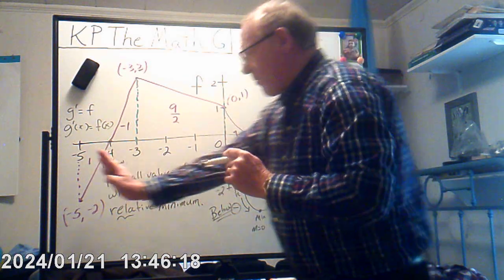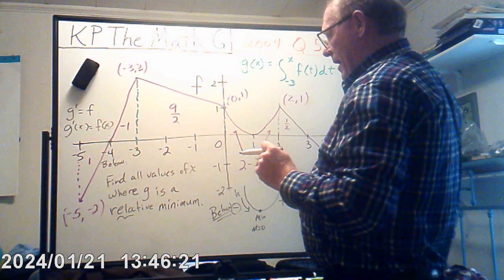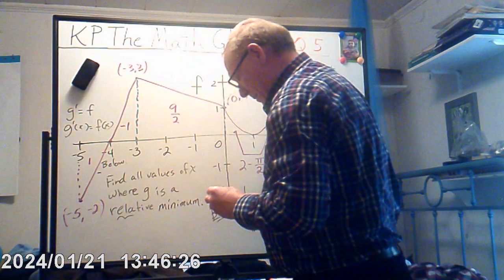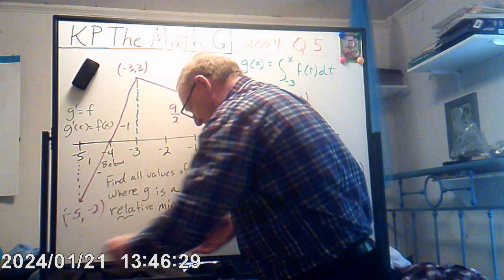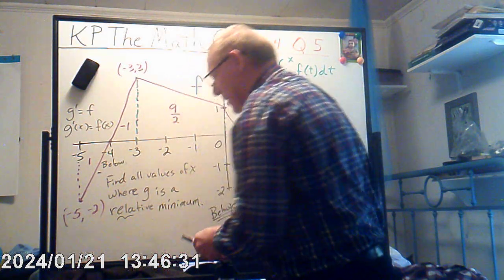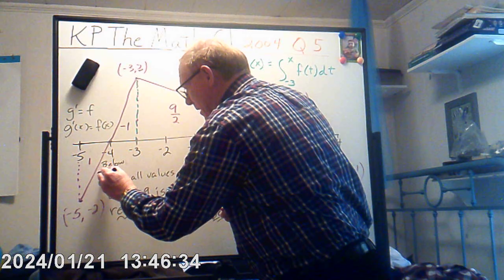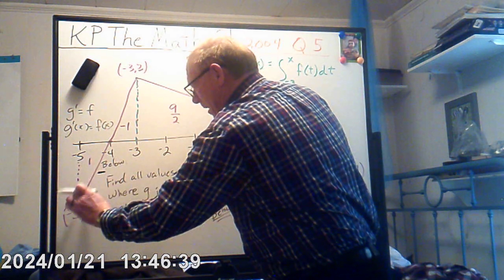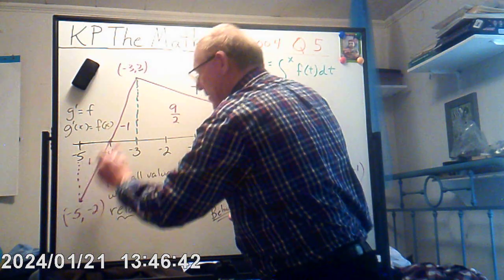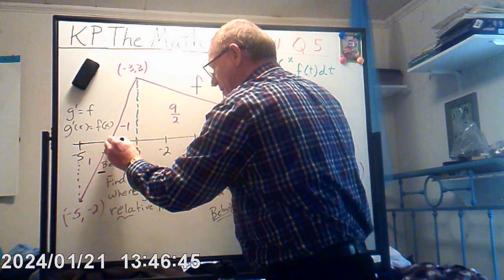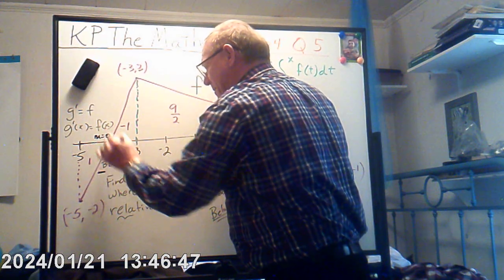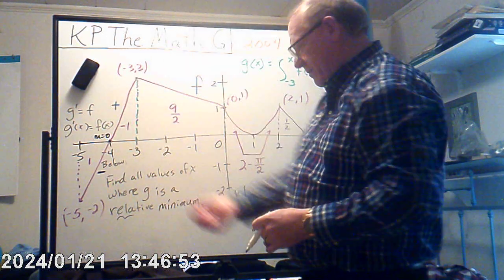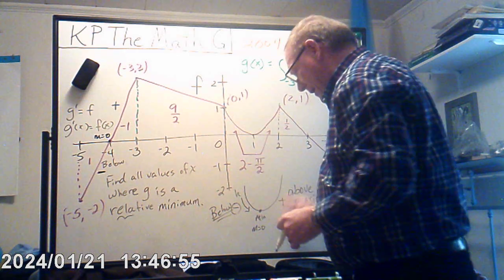If I read it from left to right, this starts to be negative here. I gotta get some other color, this black is fading on me. This part right here, I don't want to circle it because I need it for my next lesson. This little part right down here is below the x-axis, here's the slope equal to 0, and then this is above the x-axis, which means that F is increasing.